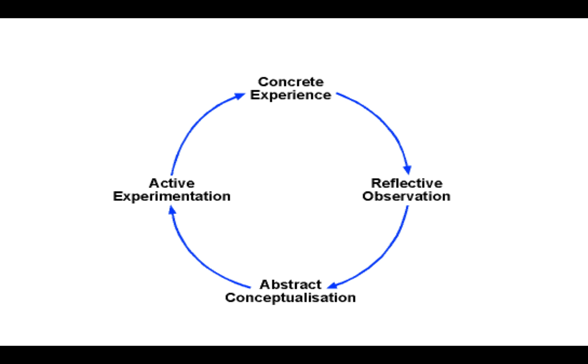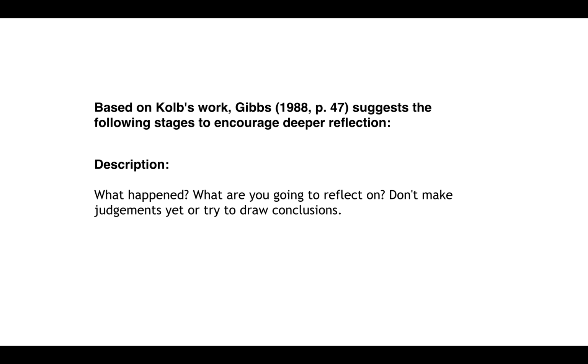And Gibbs, who is one of the earlier people to have conceptualized reflective practice, drew upon Kolb in formulating a process model for reflective practice, and according to Gibbs's model, the reflection should begin with description of what has happened.